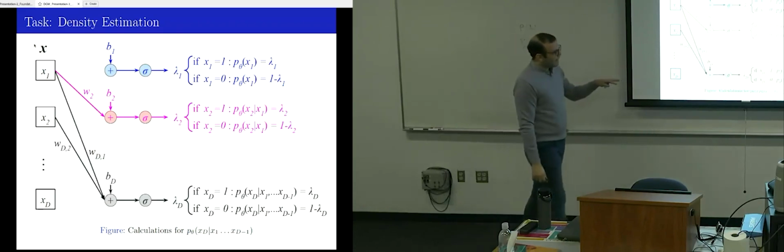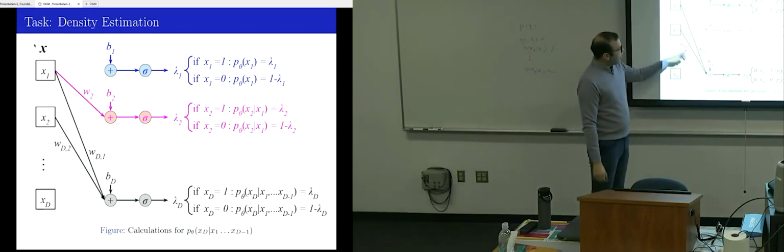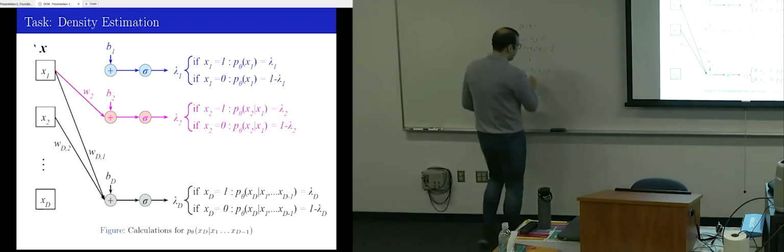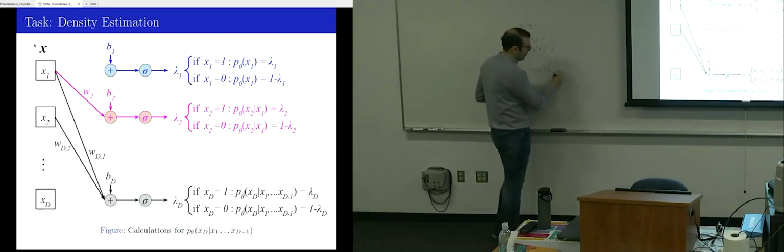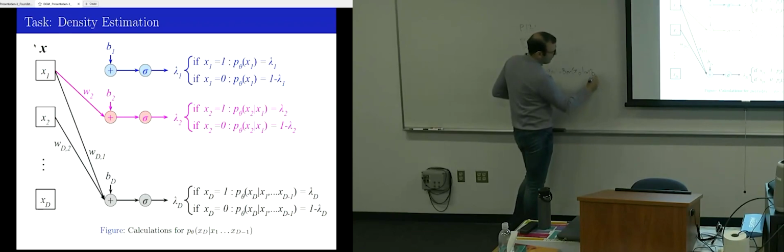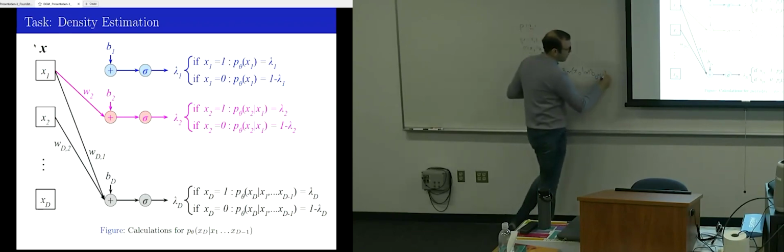At the last, how do I calculate the parameter for the distribution over the last element? It is easily a Bernoulli random variable over the last element with the parameter generated using sigmoid of B subscript D plus W D transpose x less than D. What is the dimension of WD?